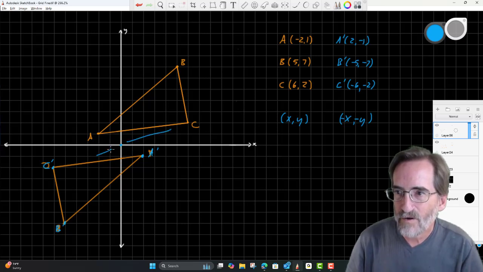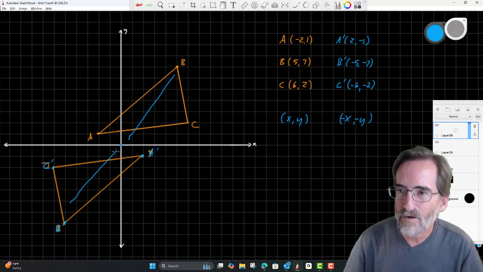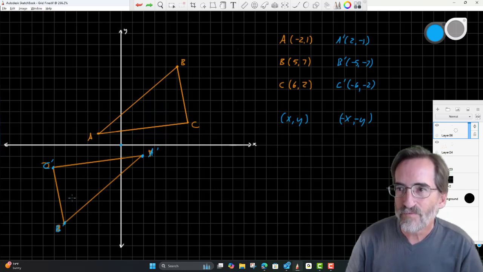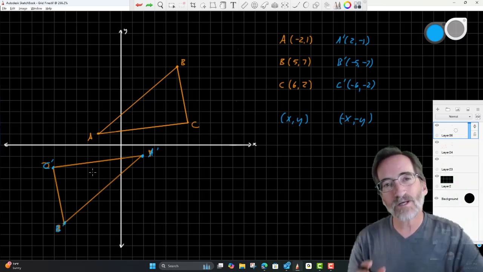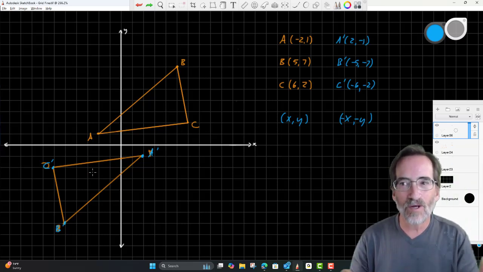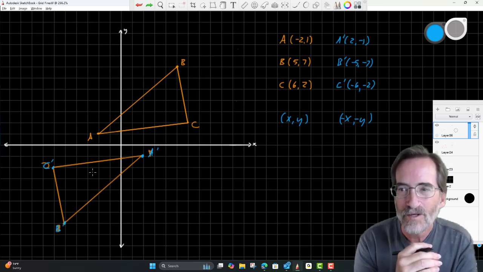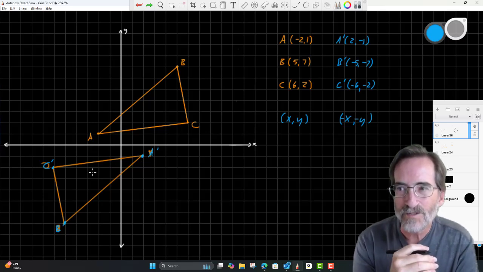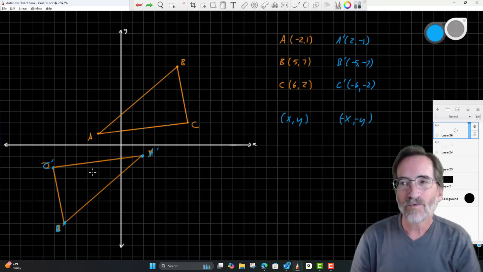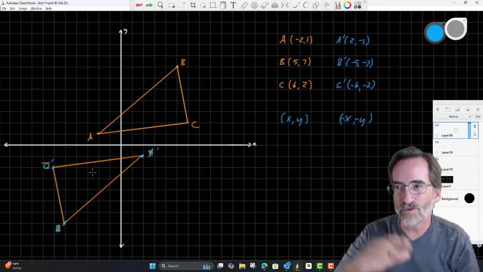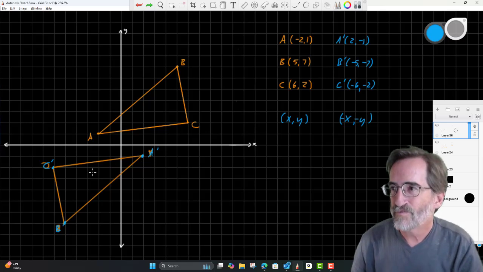So a 180 degree rotation is the same as a point reflection across the origin. It's also the same as a double reflection, reflecting x and then reflecting y.